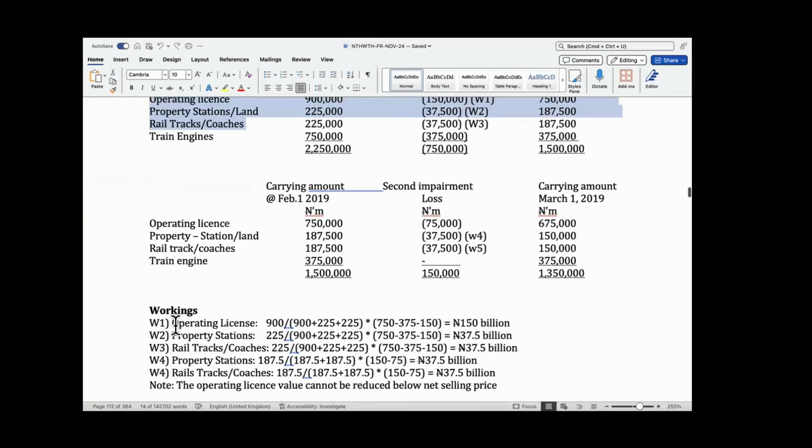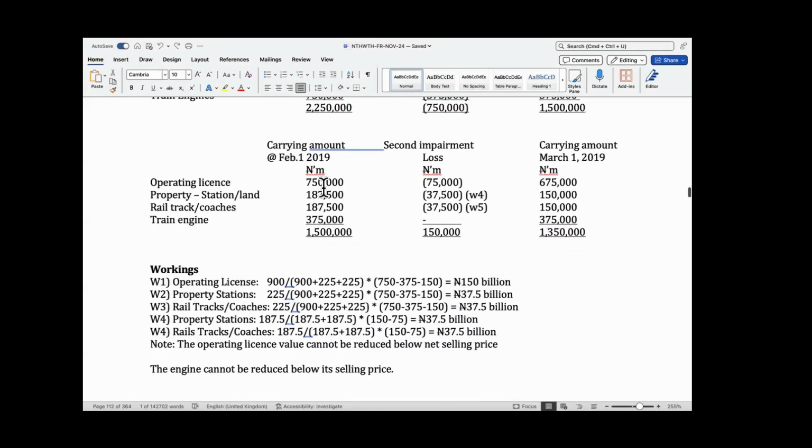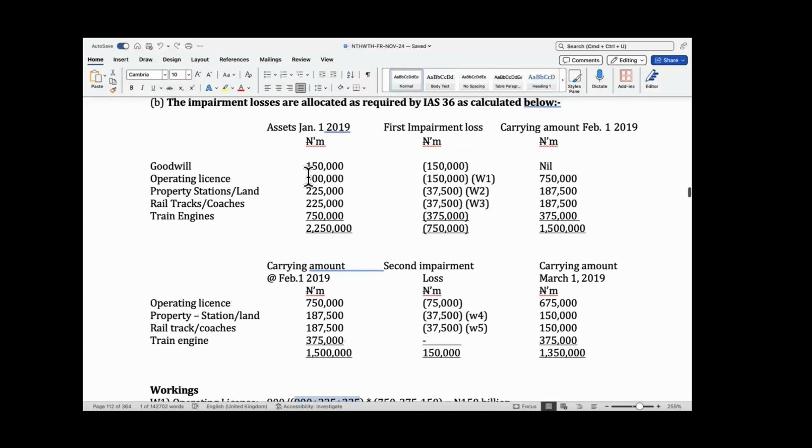So the license, the property stations, and the road tracks, those are the 3 assets remaining. For the license, it is 900 because that's the value of the license. If you look up here, you see the value of the license, 900, over the value of the 3 assets together, the remaining assets we want to allocate to, which is 900 plus 225 plus 225.